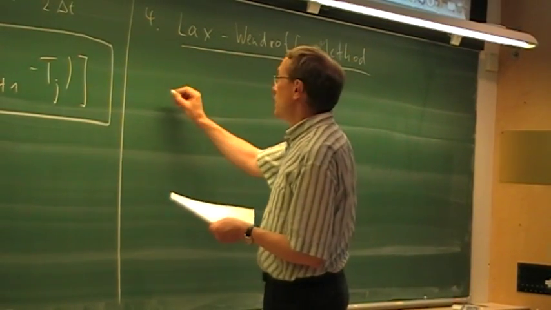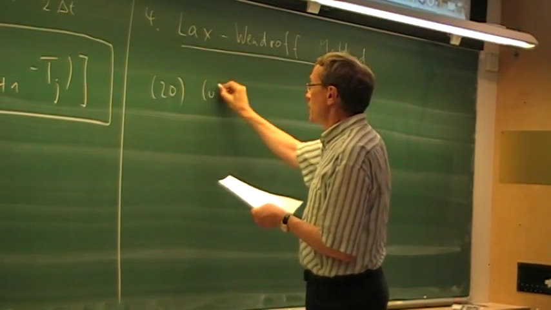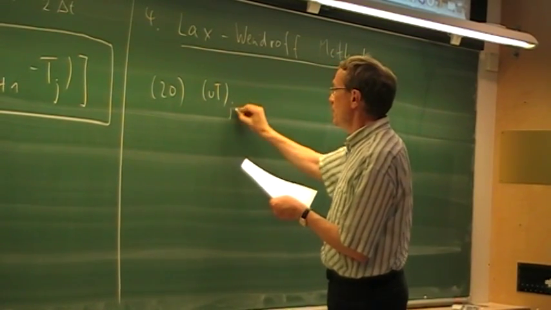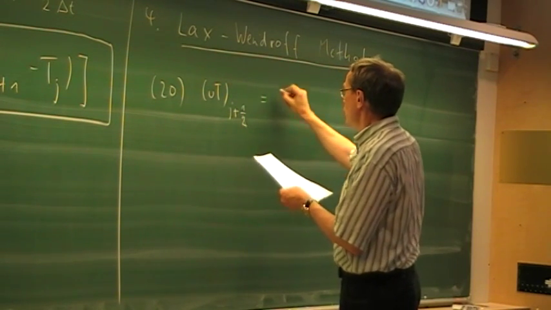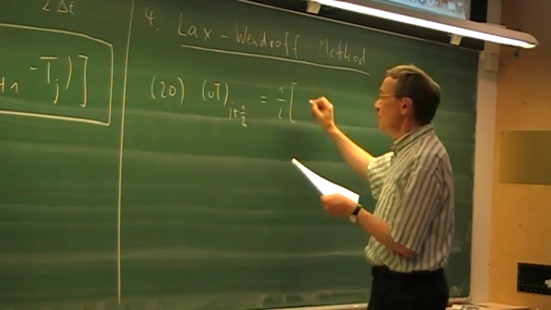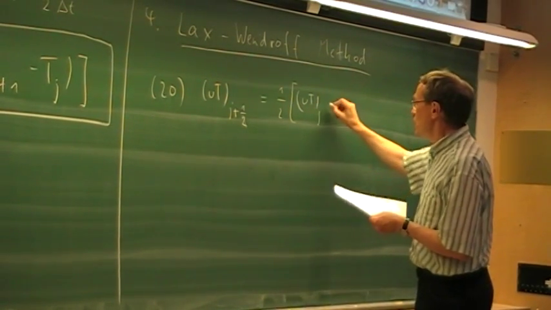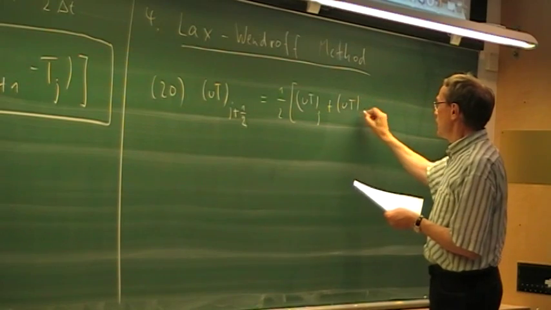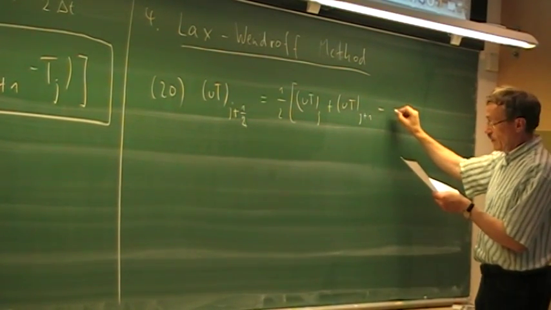We say that the convective flux at j plus 1/2 is equal to, we start again in a similar way with the arithmetic average of the fluxes at j and at j plus 1. And then we have the following term.